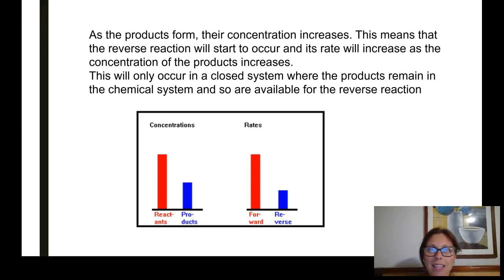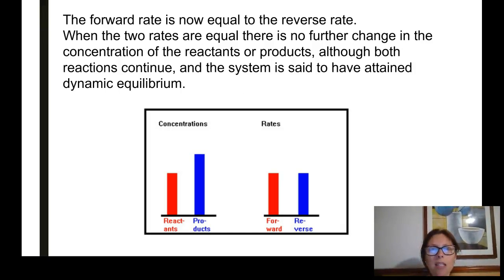And you can also see then that the forward reaction is still occurring, but the reverse reaction's rate is also increasing as they are converting into the reactants again. And as our reaction comes to completion, it doesn't mean that the concentration of the products has to equal the concentration of the reactants, but you'll notice that the rate of the forward reaction equals the rate of the reverse reaction.